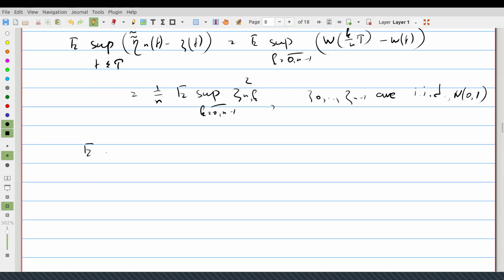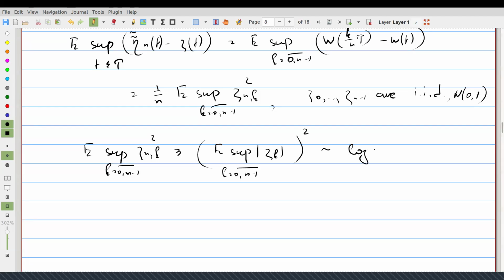But that means that such an expression is greater than the mathematical expectation of the supremum of psi k, k from 0 to n minus 1, squared, which is already logarithm n to the power 1/2 squared, which is exactly logarithm n. Why?